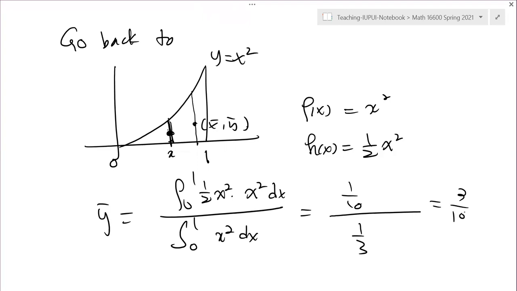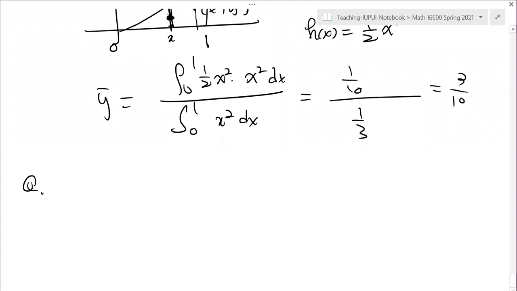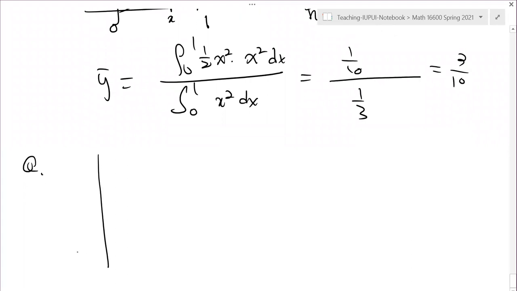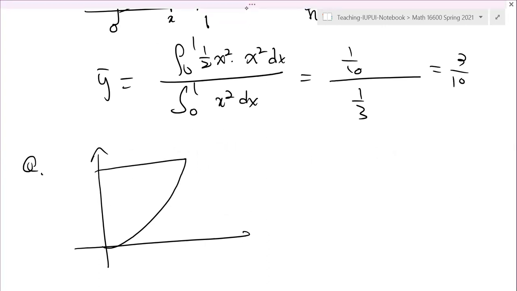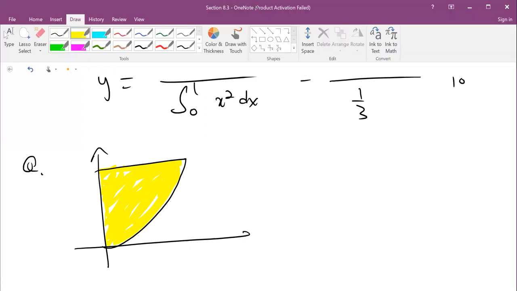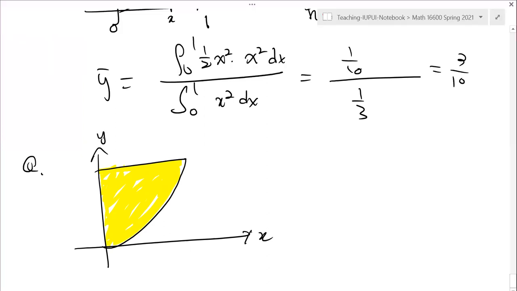Let's try another problem. Another problem is very similar. Still use the same picture. This time I'll consider that region. Okay, so this is x, this is y. The curve, I can say y equals still x squared.